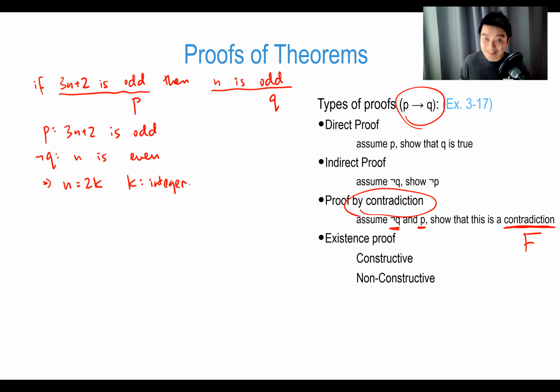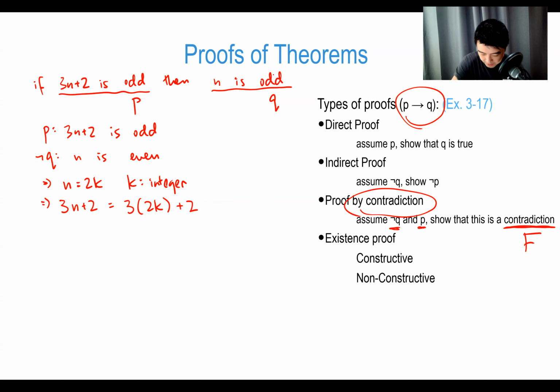Pretty similar to what we did in the last two examples, I can then write 3n plus 2 as 3 times 2k plus 2. Now notice that the reason I put n is even is because originally the statement was n is odd, so not Q is the opposite of that.